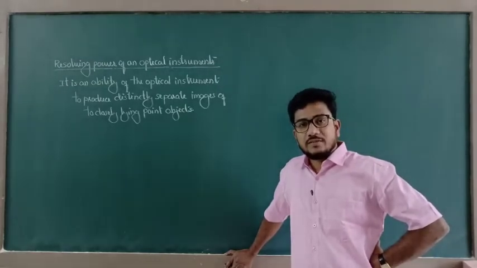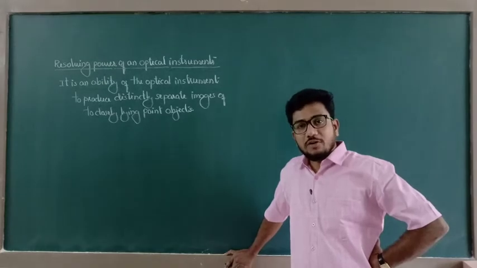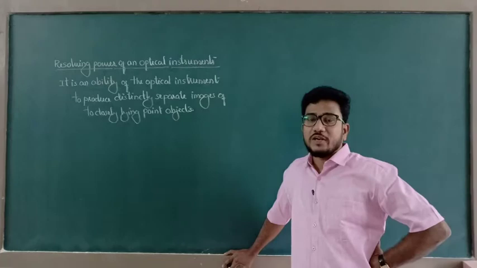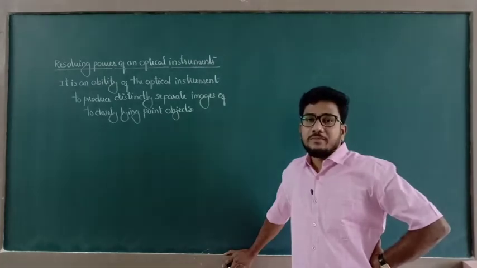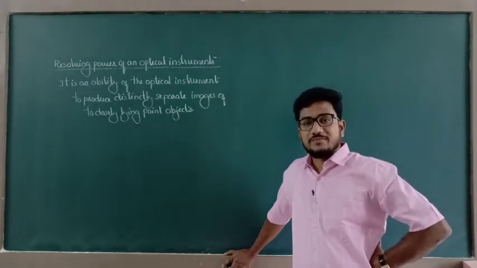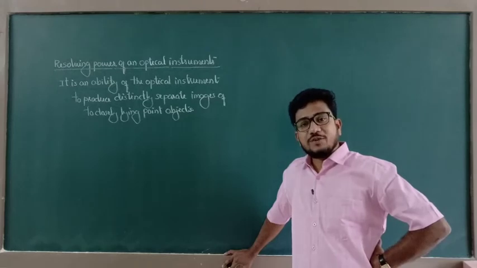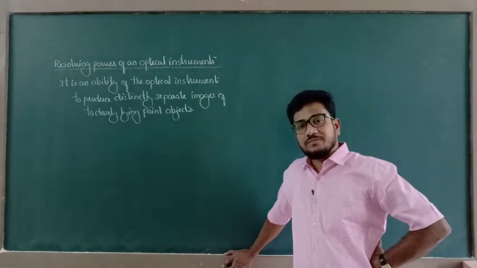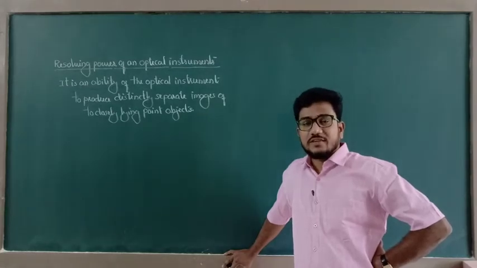According to geometrical optics, the image of a point object is a point image only, but according to diffraction of light, the image of the point object contains alternate dark and bright fringes. We have already discussed this in the last class.